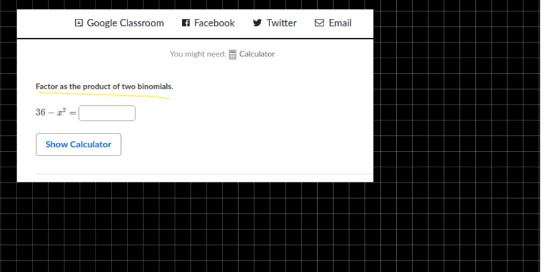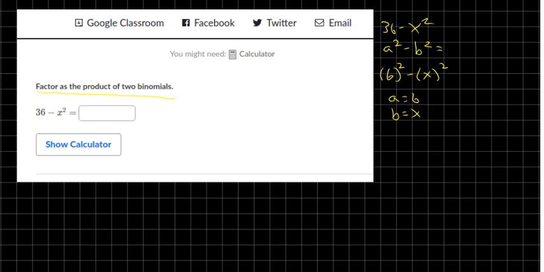Last question. Factor as the product of two binomials. So I have 36 minus x squared, and I can see that that's a square minus a square. I can see it's 6 squared minus x squared, so a is 6 and b is x.